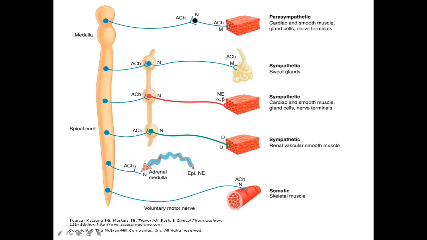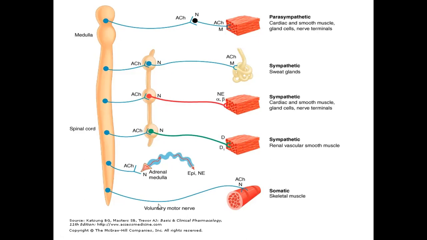So it is dopamine. Okay, that is the sympathetic renal vascular smooth muscle innervation. The postsynaptic neurotransmitter is dopamine. Please remember. Now you see here the sympathetic nerve which is supplying directly to the adrenal medulla, where the postsynaptic neurotransmitters are again epinephrine or norepinephrine.